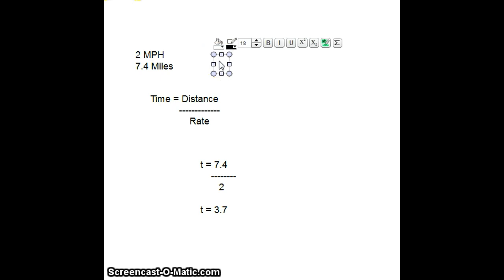Our distance, as we know, is 7.4 miles. And our rate is obviously 2 miles per hour. Okay? We simplify the numerical expression. 7.4 divided by 2 gives you a total of 3.7. Thus, it should take you about 3.7 hours to hike this trail.